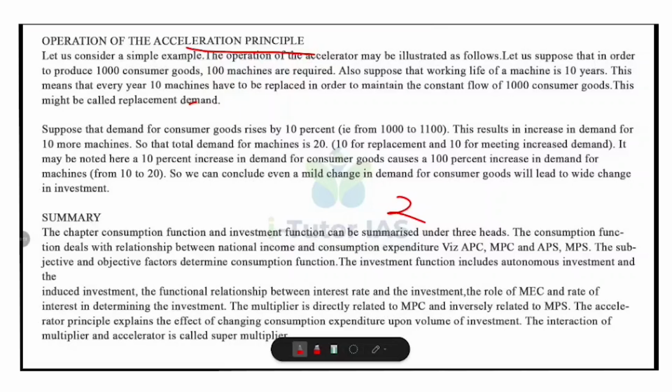Let's take a real life example. Imagine there is a sudden rise in the demand for electric vehicles. To meet this demand, car companies need to buy more robots and machines, set up new production units, hire more workers and so on. So a small rise in consumption leads to a big rise in investment, and that's accelerator effect in action. So that's about accelerating effect.